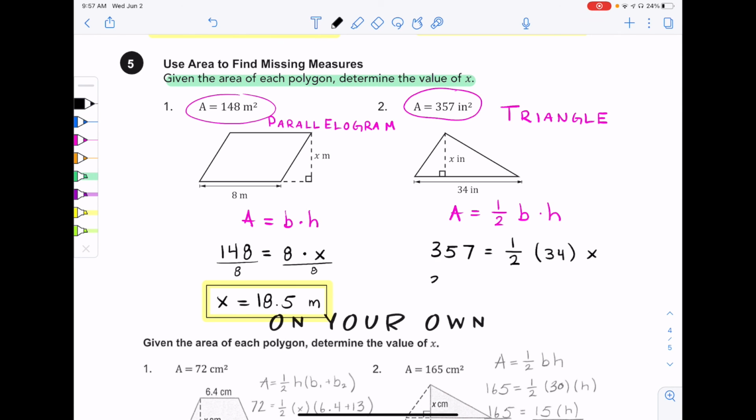So I'm going to write this out as 357, 1/2 times 34 is 17, times x. Then I can divide both sides by 17. And x is equal to 21 inches.